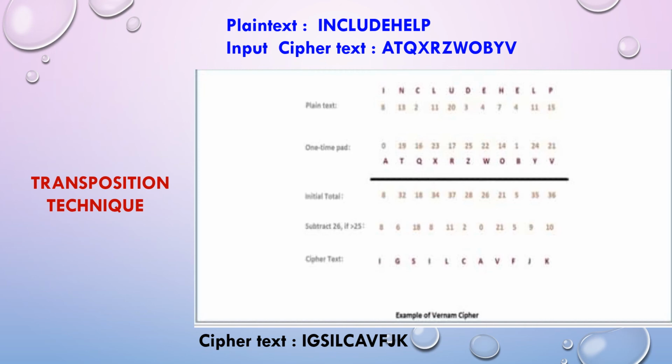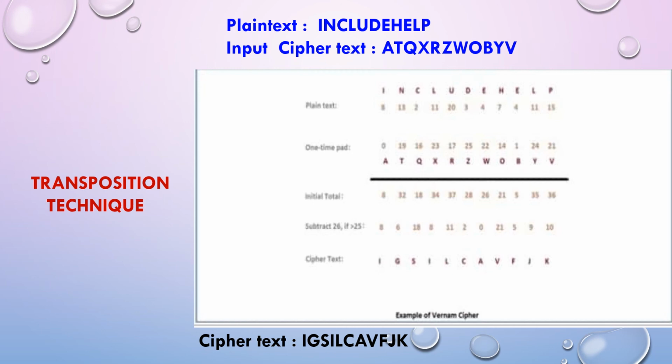Then we subtract 26 if the number is greater than 25. Then we get the numbers 8, 6, 18, 8, 11, 2, 0, 21, 5, 9, 10. Then we write the equivalent alphabet for each number. We get I, G, S, I, L, C, A, V, F, J, K. So this is the ciphertext.